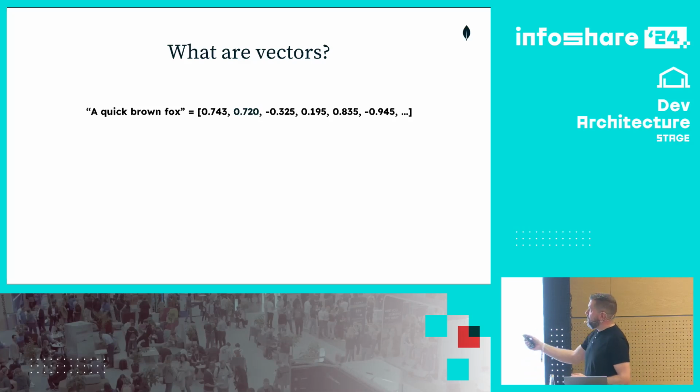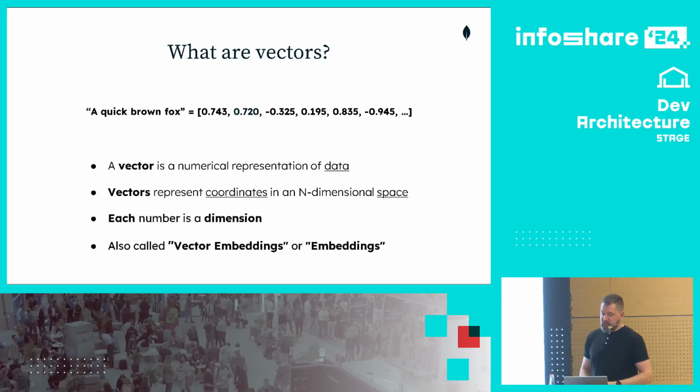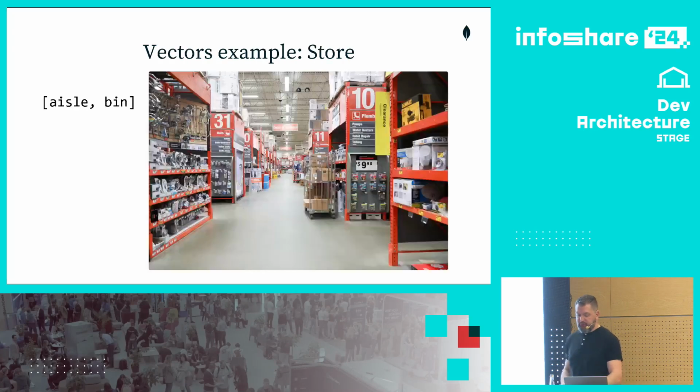So we have a quick brown fox, that text equals this array of numbers, and that is the vector representation of that text. And so these numbers are coordinates in an n-dimensional space, where n represents the array length. So however many numbers you have in the array, that's how many dimensions you have. And so you might also hear vectors referred to as vector embeddings or just embeddings.